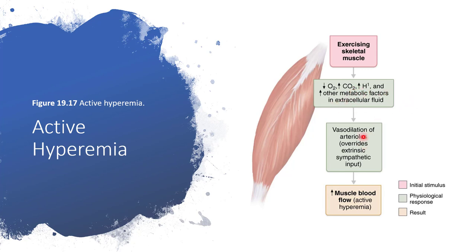This would eventually result in vasodilation of the arteries. They override extrinsic sympathetic input, and the effect after vasodilation will be increased blood flow, which is active hyperemia in the skeletal muscles.